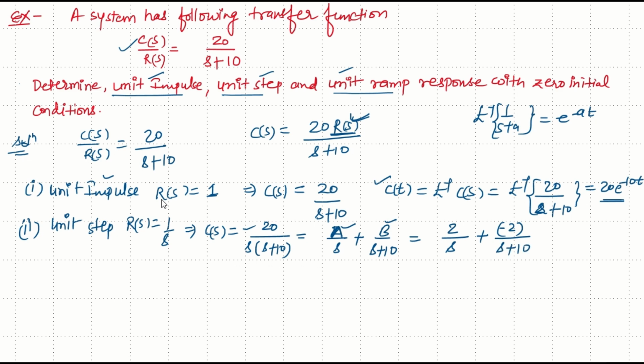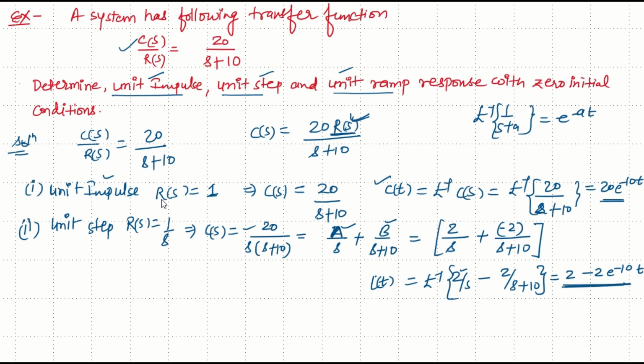Now you can take the inverse Laplace of this. So c(t) is the inverse Laplace of 2 by s minus 2 by s plus 10, which is 2 minus 2 e raised to power minus 10t. Again, this signal is purely exponential. This is the steady state value, and again you are getting the exponential value.